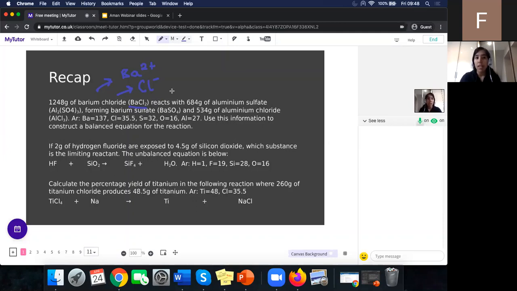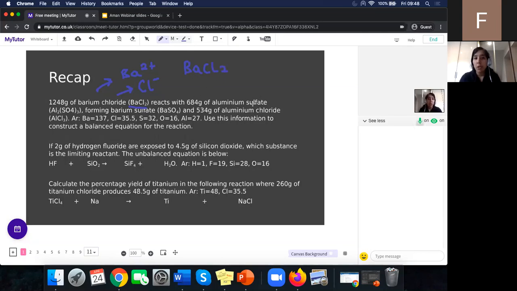If it gains that 1 electron, it forms a chloride ion with 1- charge. When these two react, remember, barium has 2 electrons to give, but chlorine only wants 1, so for barium to have its full outer shell, it must give its 2 electrons to 2 chloride ions. So it forms BaCl2, and that's why it's BaCl2.